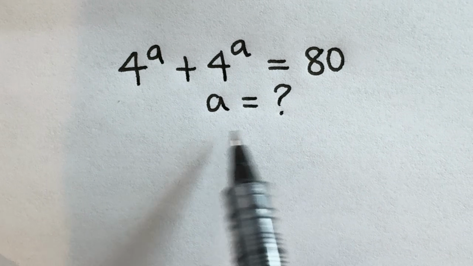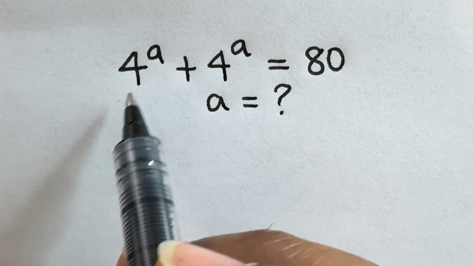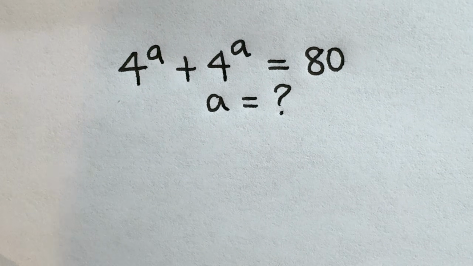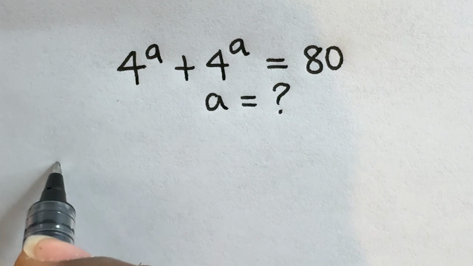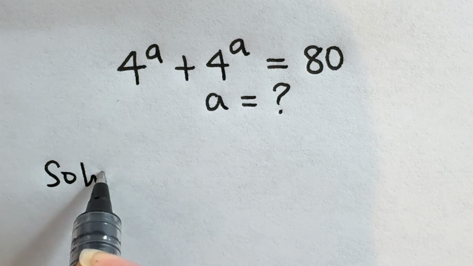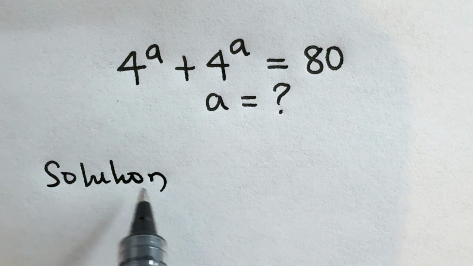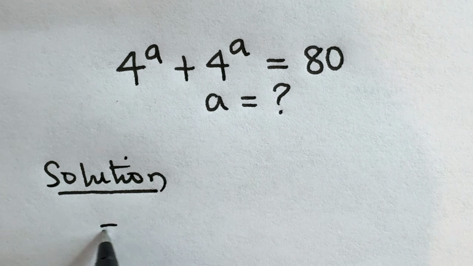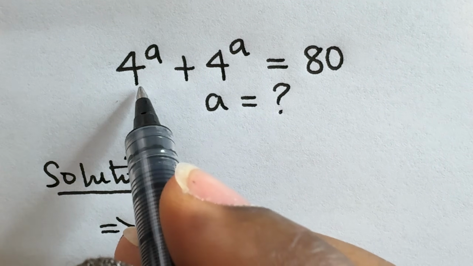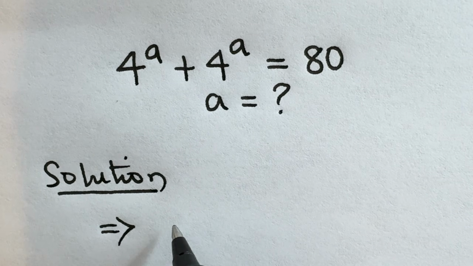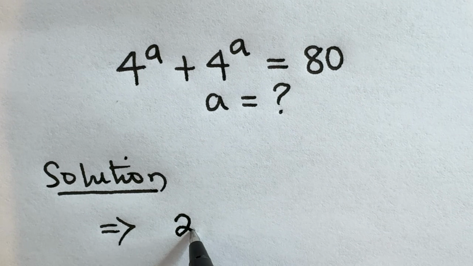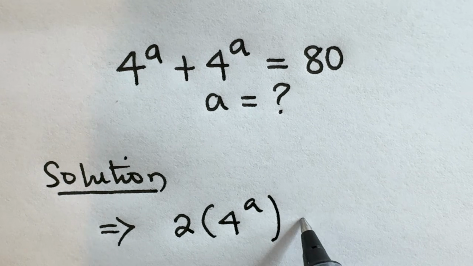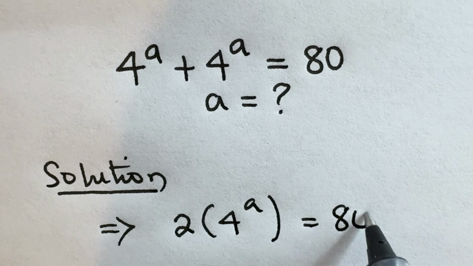In this video, we want to solve for a given 4 raised to power a plus 4 raised to power a is equal to 80. This will imply, since we have exactly the same thing being added together twice, we have 2 times 4 raised to power a is equal to 80.